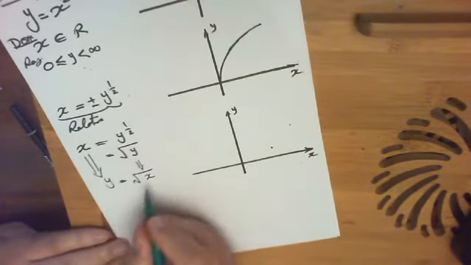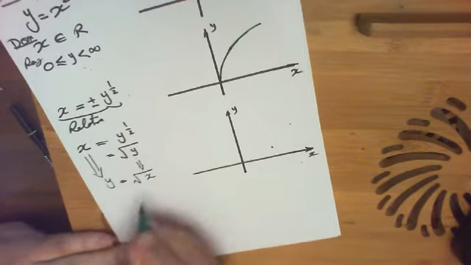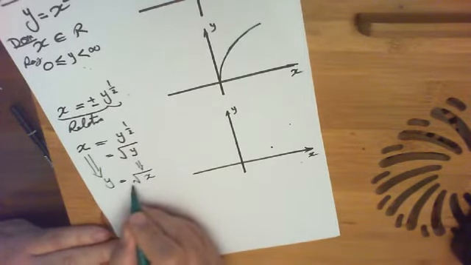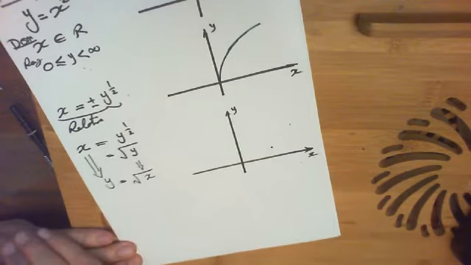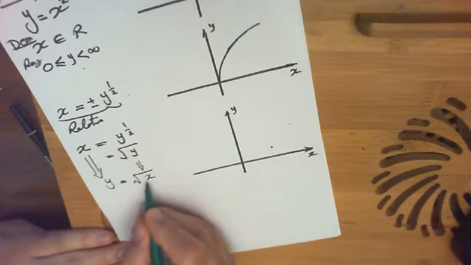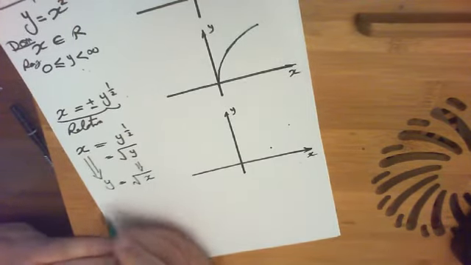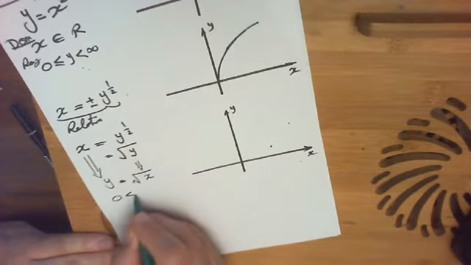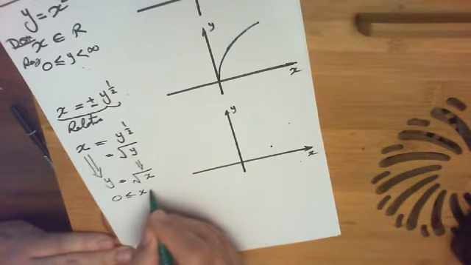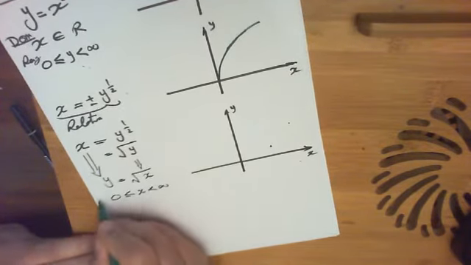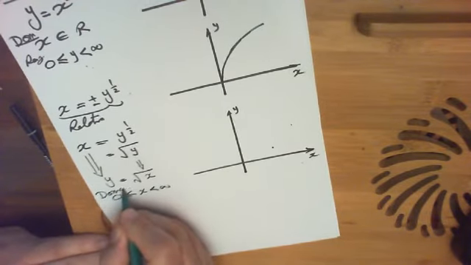Under the root means x has a minimum value of 0 and more. It can never be negative, otherwise it will be imaginary. So 0 less than or equal to x less than infinity. This is the new domain.